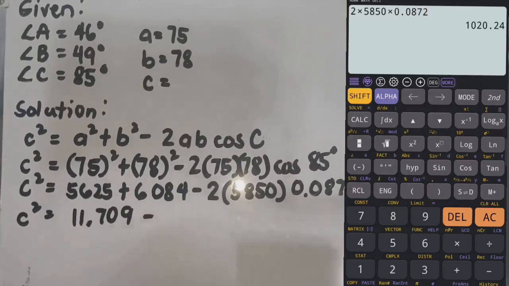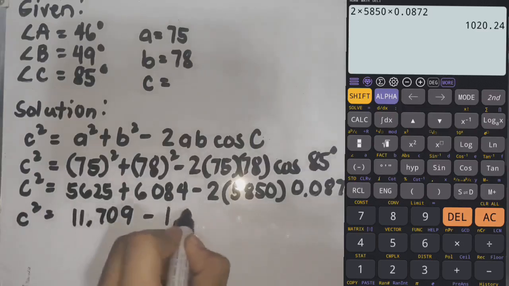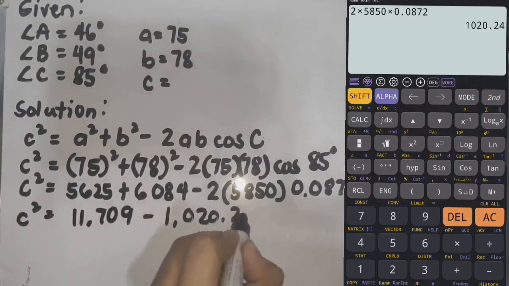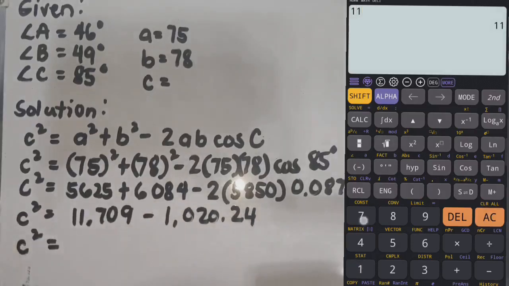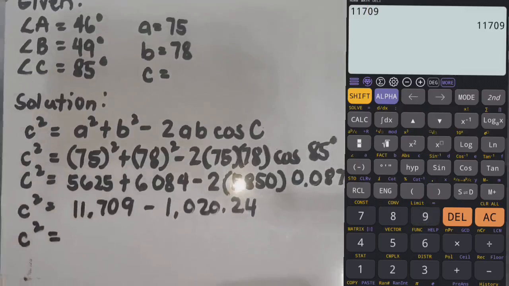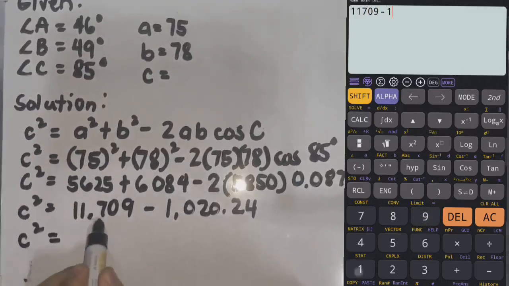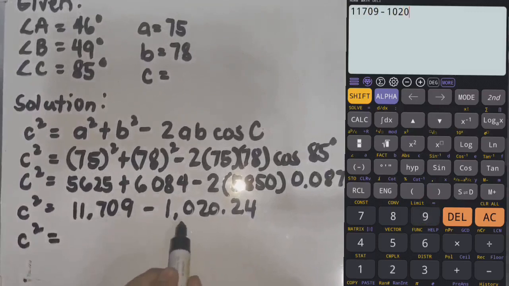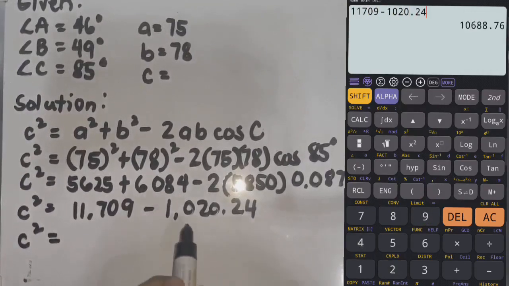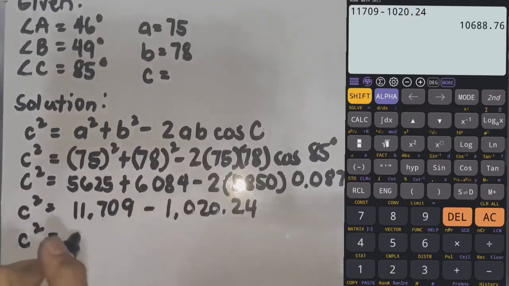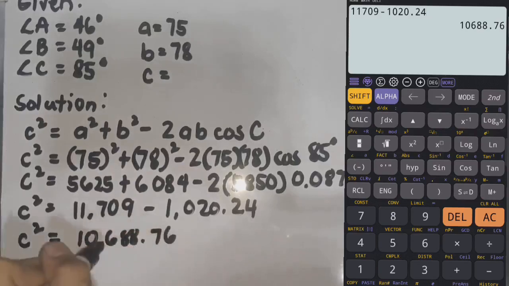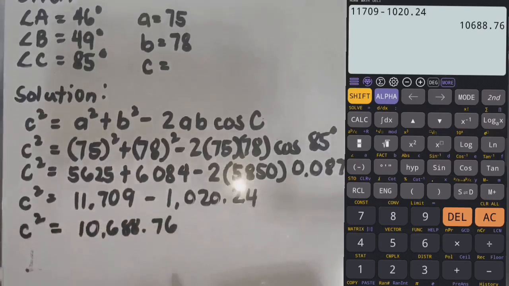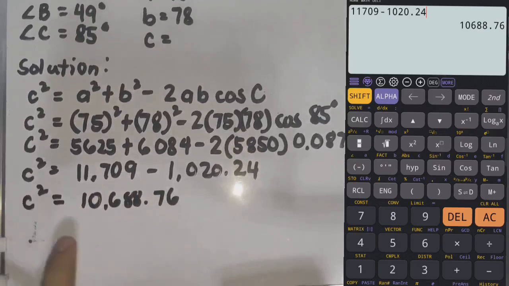Then equals, the value is 1,020.24. The next step is to subtract. So, subtract lang natin 11,709 by 1,020.24. The answer is 10,688.76. Hindi pa ito yung final answer natin kasi yung C natin meron pang kanyang exponent.